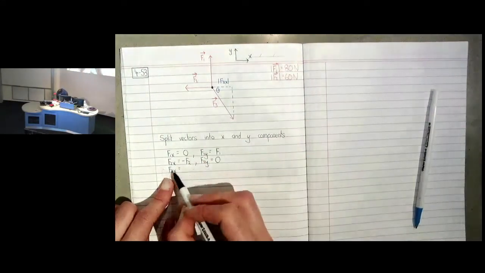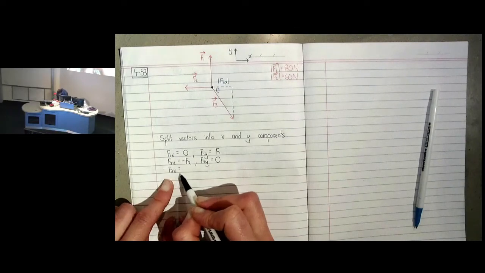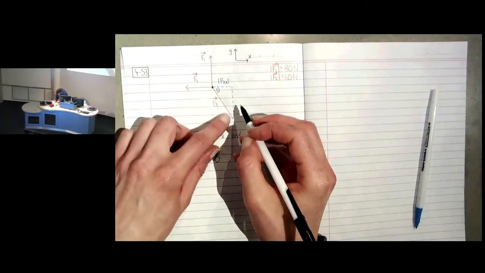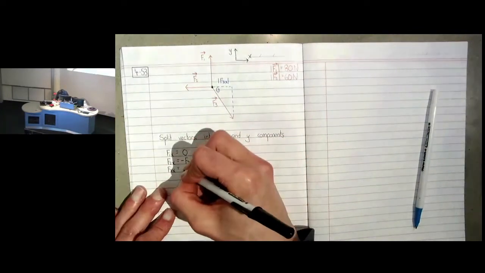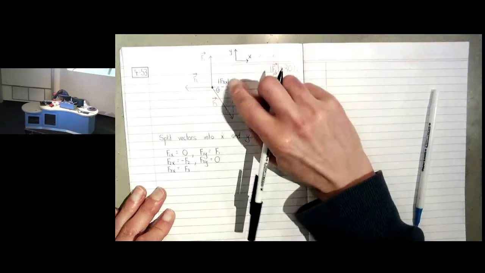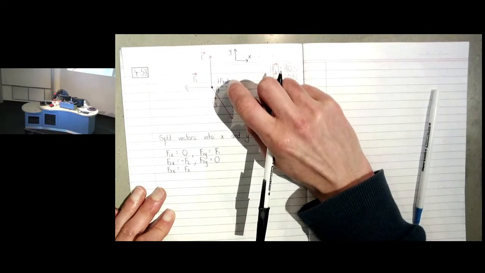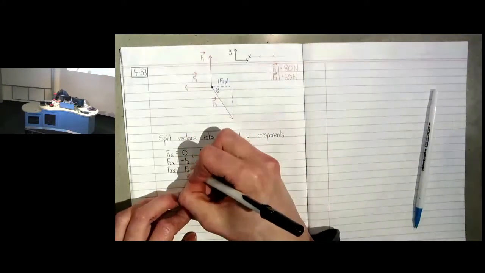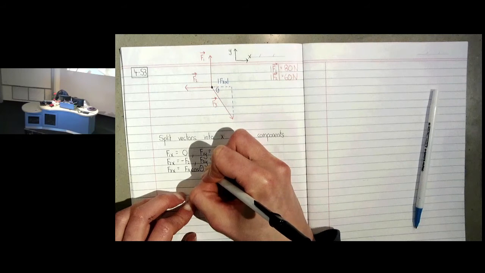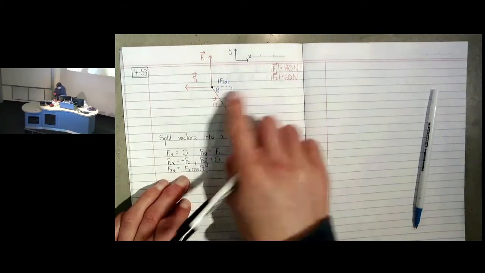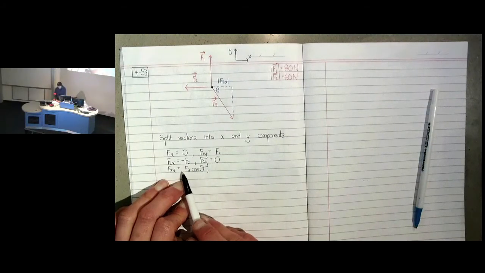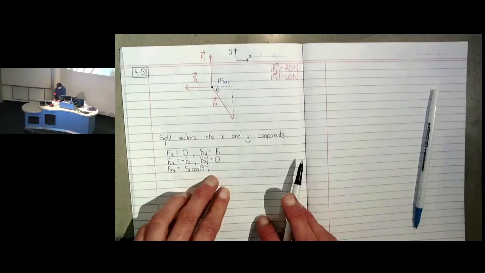So we could then write an expression down for this F3x. An expression for that F3x would just be the length of this vector here, its magnitude. So we're going to have F3. And because this side of the right-angled triangle is the adjacent side, we need to multiply that by cos of theta. And because F3 is pointing in the positive x direction, its x component comes with a positive plus sign.